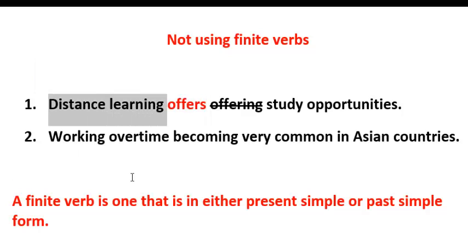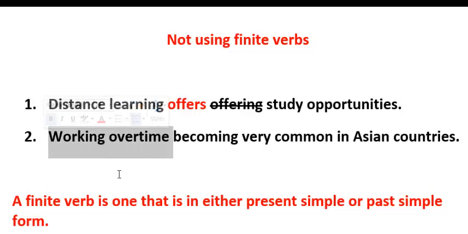Here's the subject. If I were to change that into a pronoun, it would be it. So it offers study opportunities. Looking at number two, here is our subject, working overtime. If I were to change that into a pronoun, it would again be it.